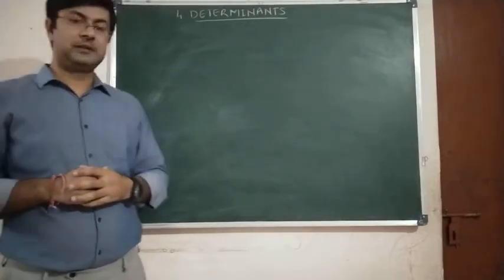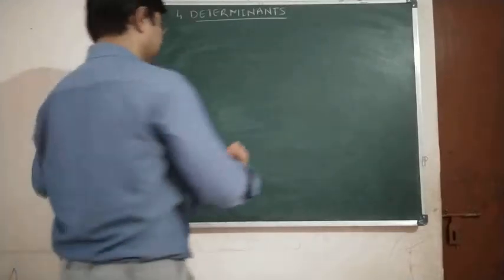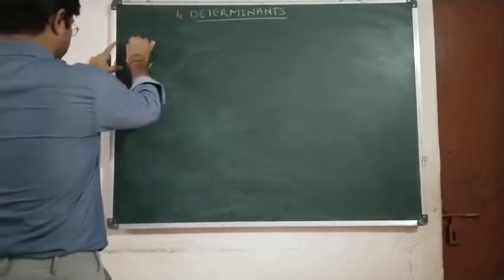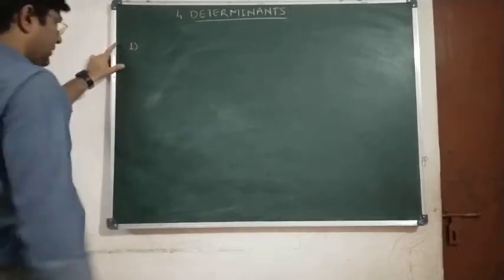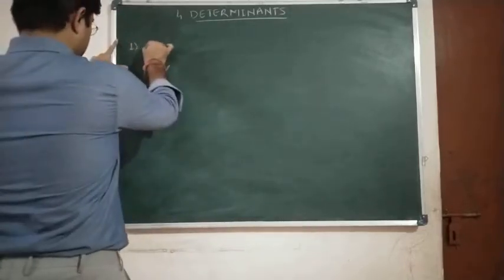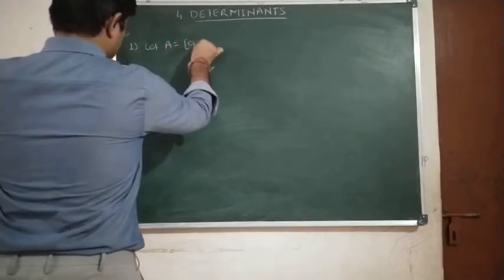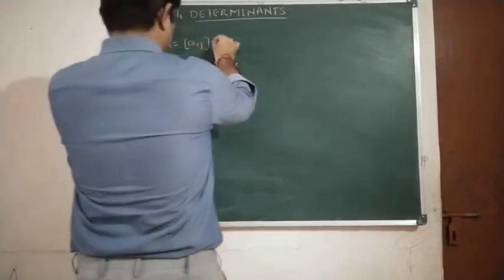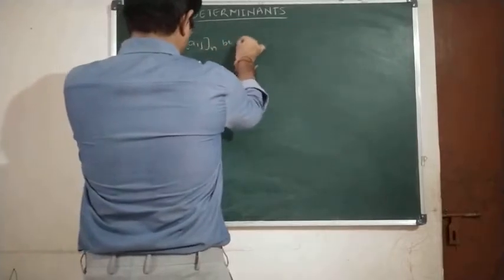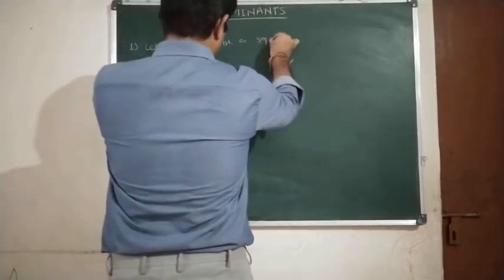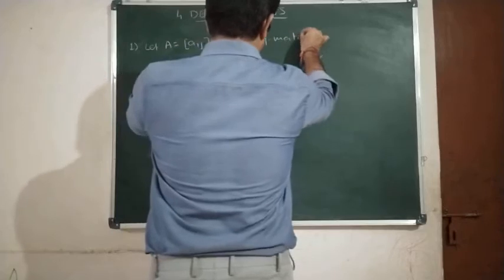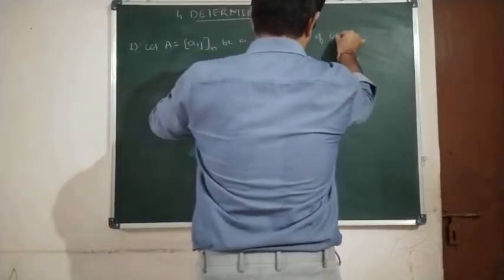Okay, now let us see the properties of determinants. Property number 1. Let A = [Aij] be a square matrix of order n.